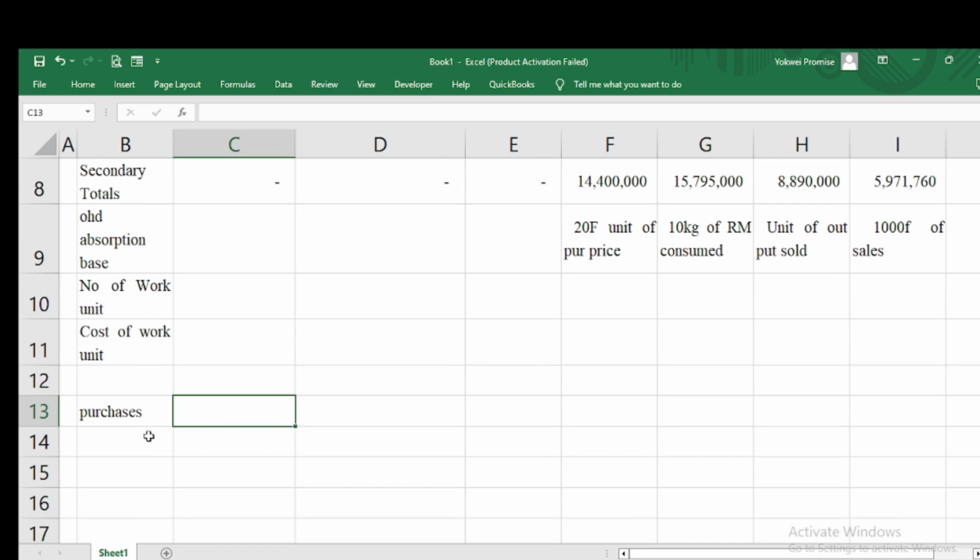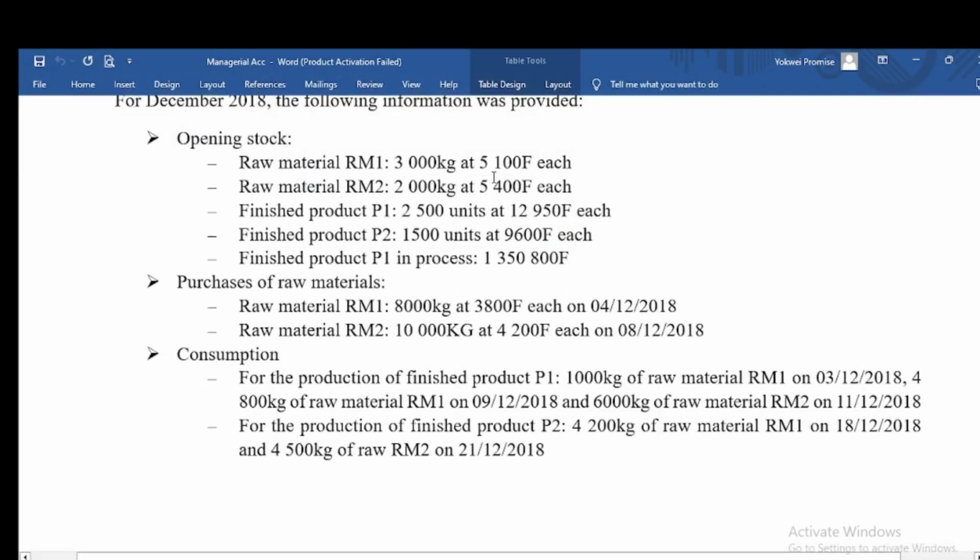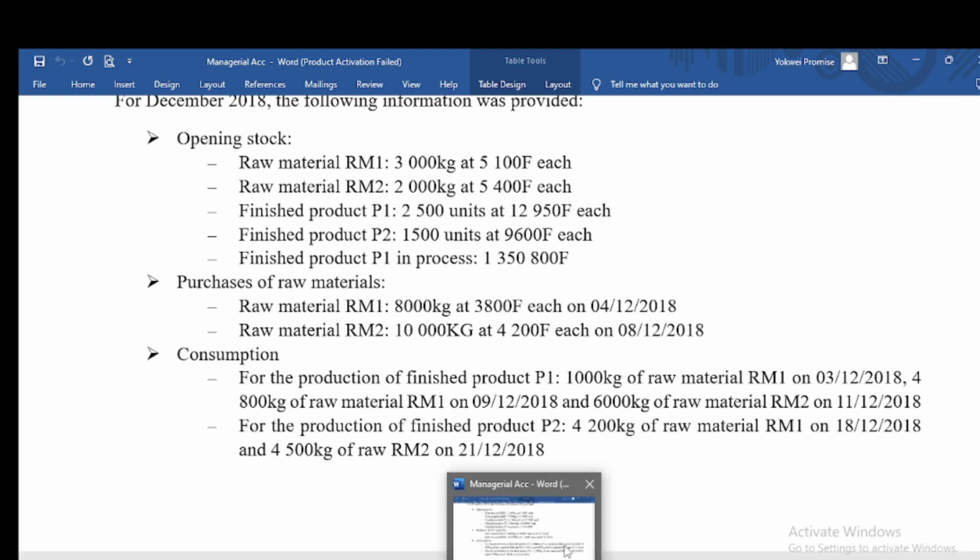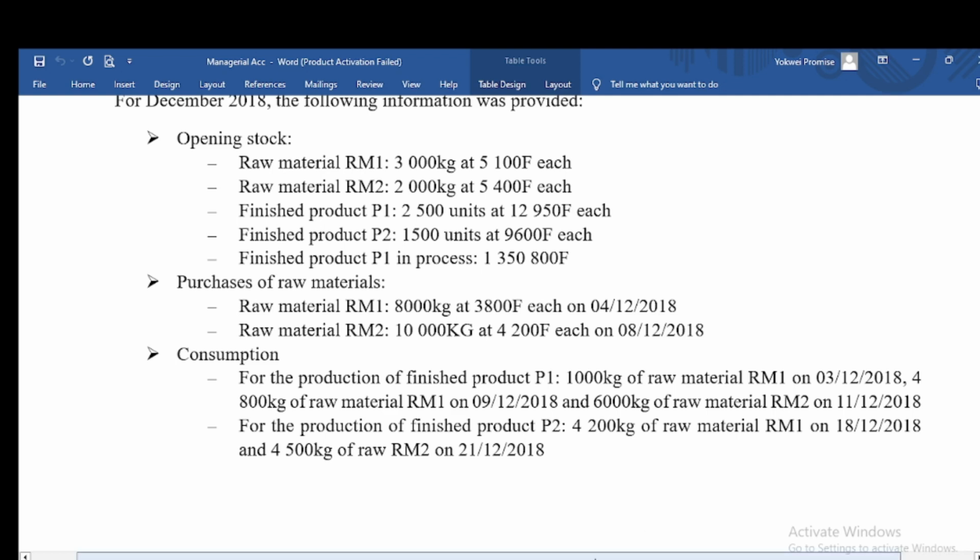Alright, I have 20 francs for each unit of purchase. Looking at our question, for raw material one we have unit price 3,800 francs, and raw material two we have unit price of 4,200 francs. They say 20 francs of each, meaning we are going to take each unit price and divide by 20, and then sum the two.